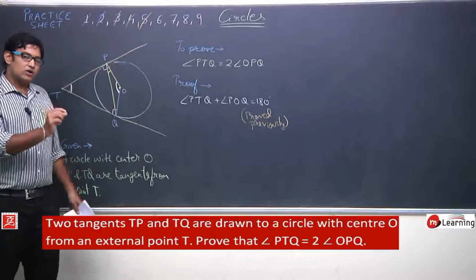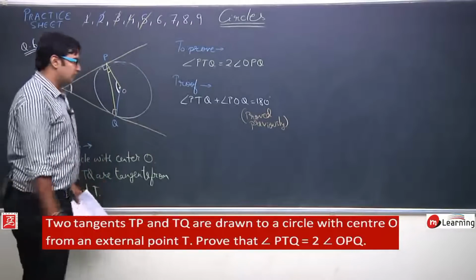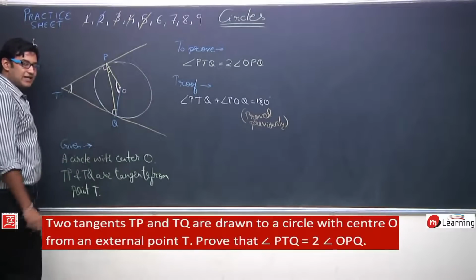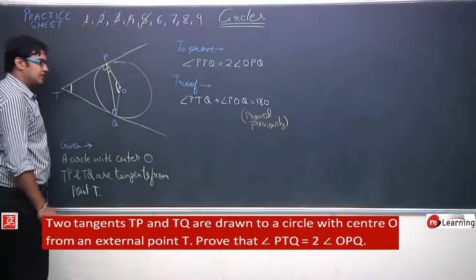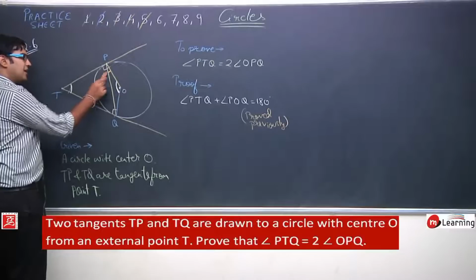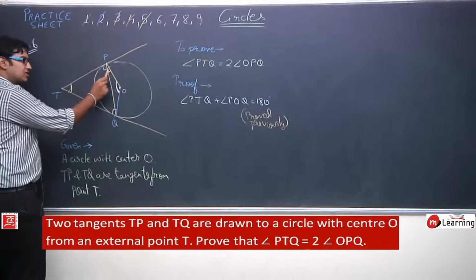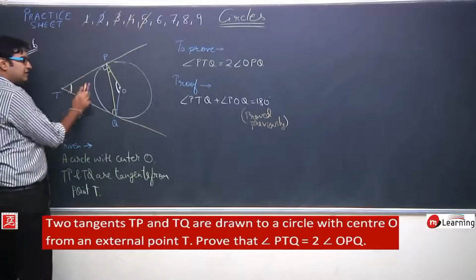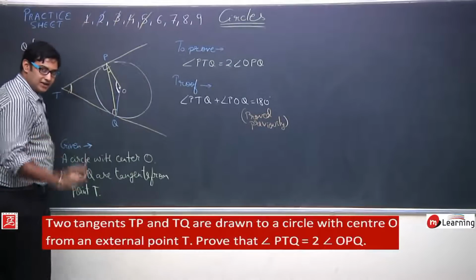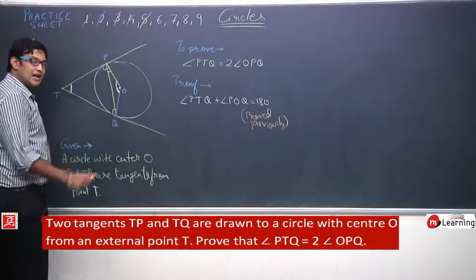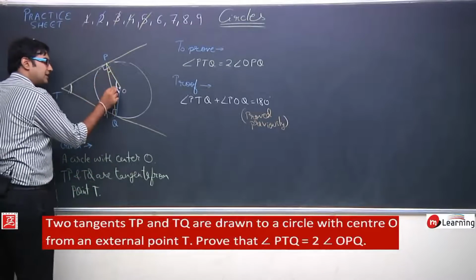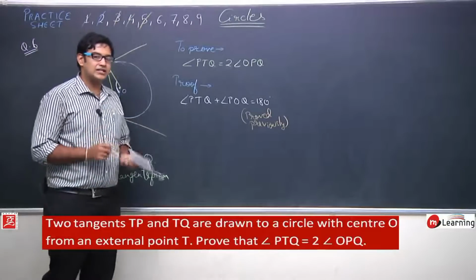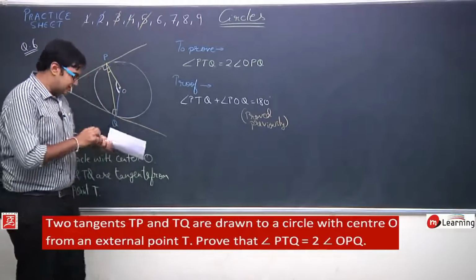Okay. Now observe very carefully. I have a relation between these two angles, but my task is to determine a relation between this small angle and this angle. So how to relate these two angles? If you observe very carefully, I have a relation between this and this angle also. How? Let us see this.